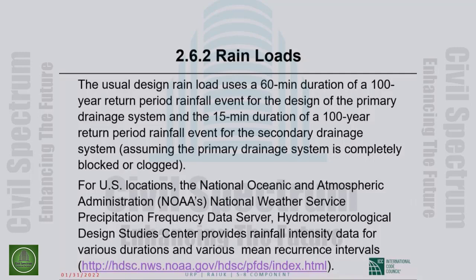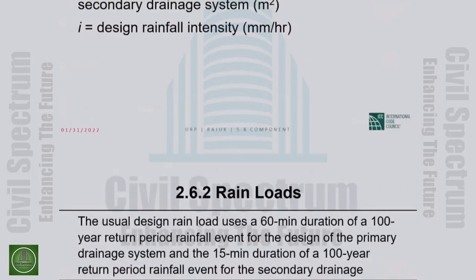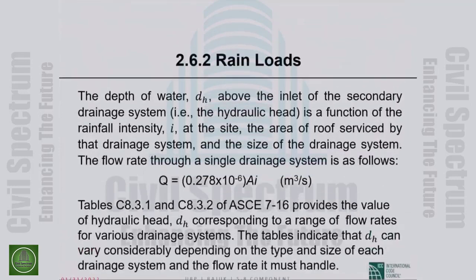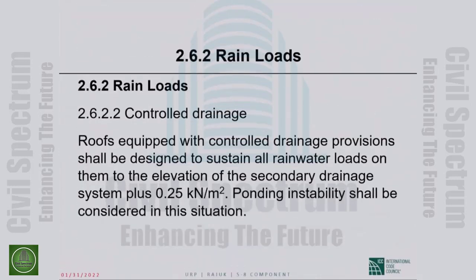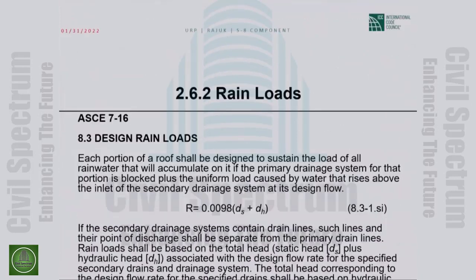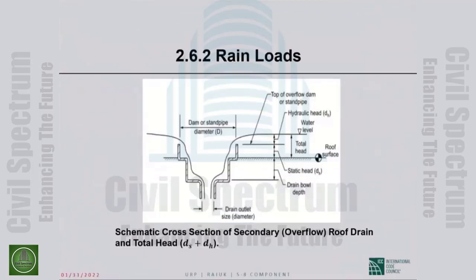So all I'm trying to say is that the subject is significantly more complex if you look at ASCE 7-16, but if BNBC simply means that you take the weight of water up to that level and then add 5 pounds per square foot, and that's your rain load, that's fine.